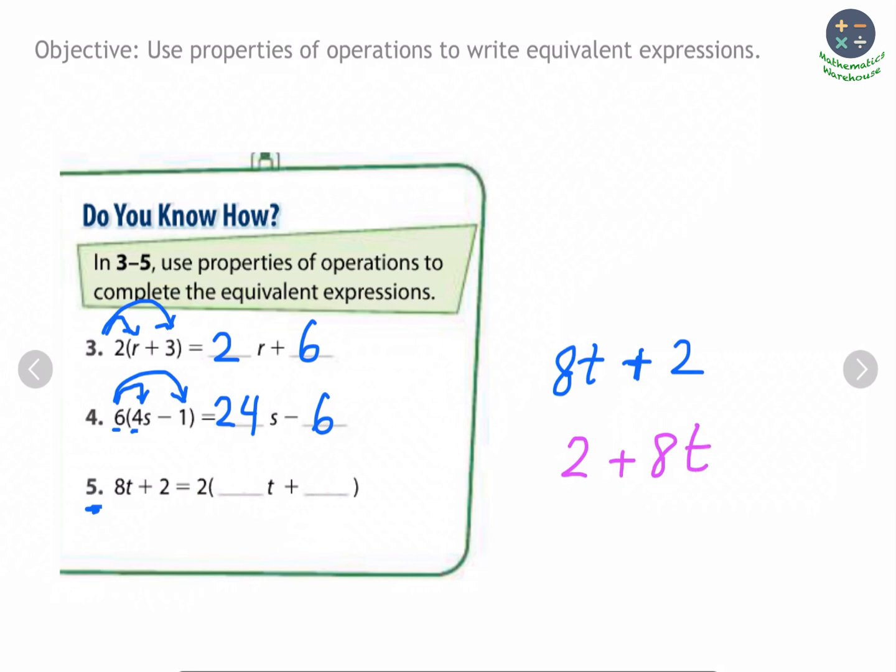Or you can take a common factor, as he wants you to do here, 2 as a common factor. So now divide 80 by 2 equals 40, so the remainder is 40t. And 2 divided by 2 equals 1. And we can make sure, if you multiply again, 2 times 40 equals 80, and 2 times 1 equals 2. So you are right.